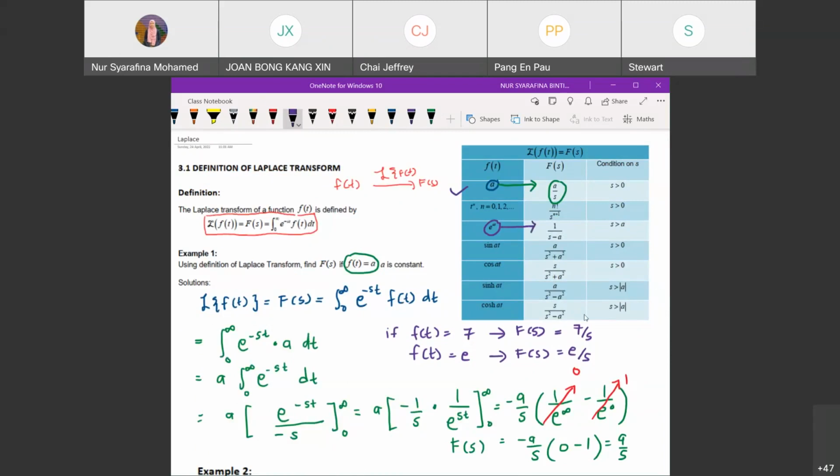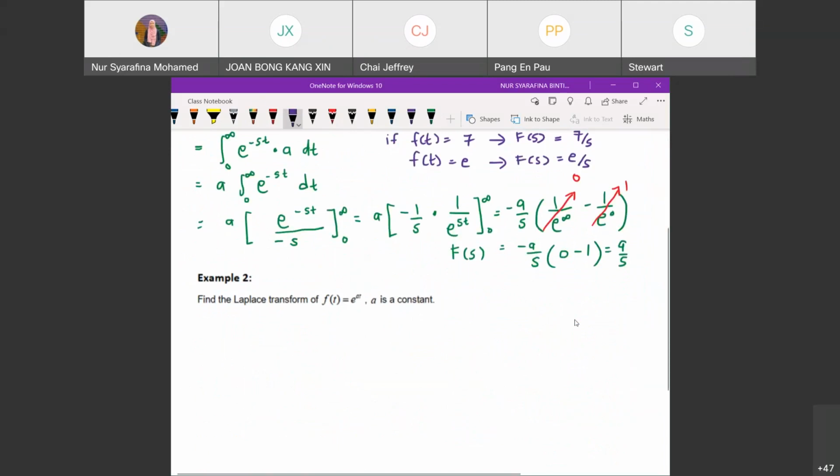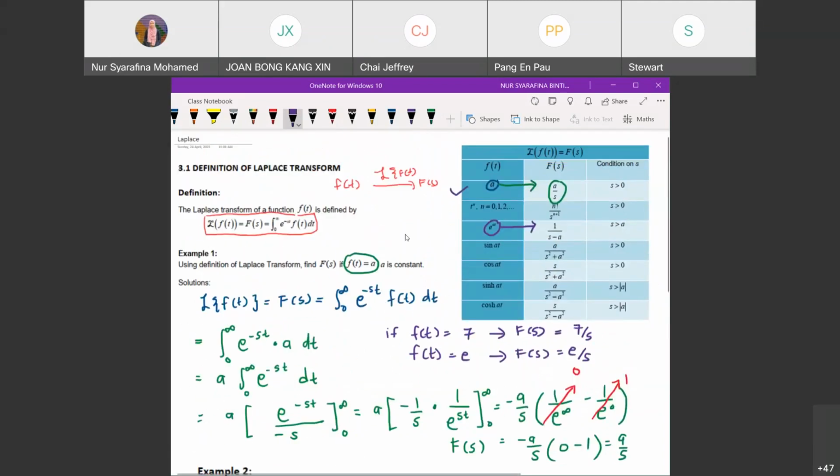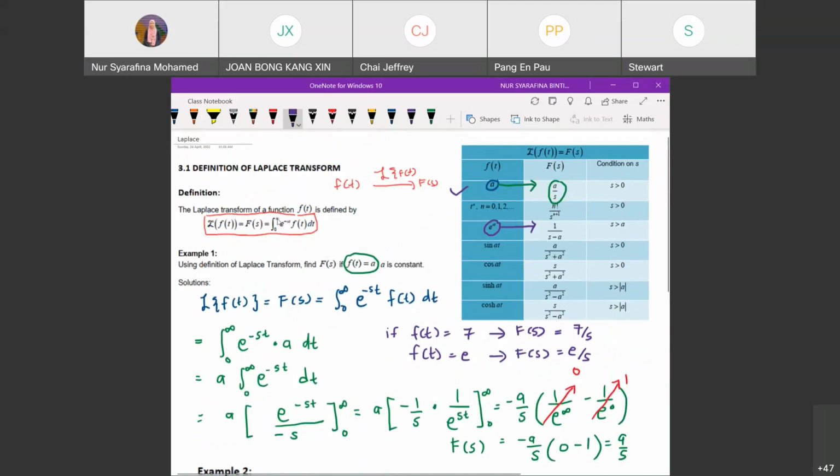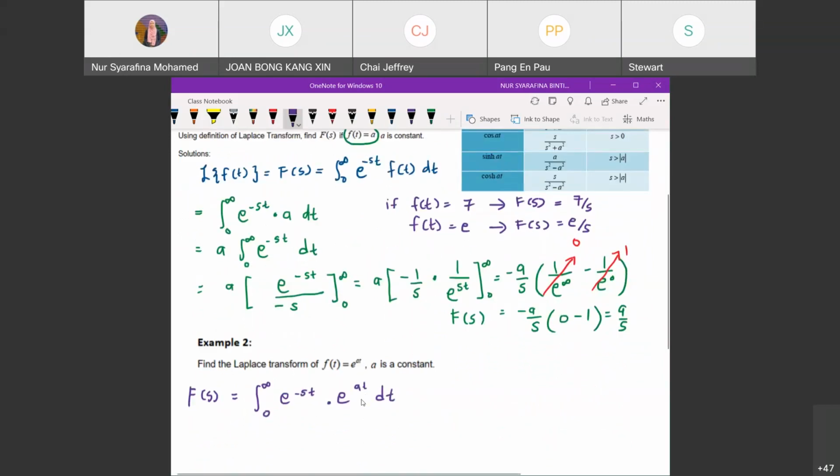So now, by definition, if you want to find F(s), then it is the integral from 0 to infinity of e to the power of minus st times f(t), where f(t) is e to the power of at, with respect to t. Same as the definition, right? F(s) equals the integral from 0 to infinity of e to the power of minus st times f(t), where your f(t) is e to the power of at.